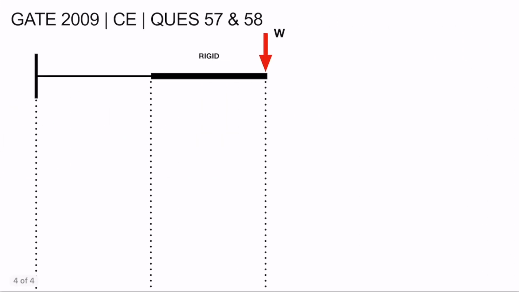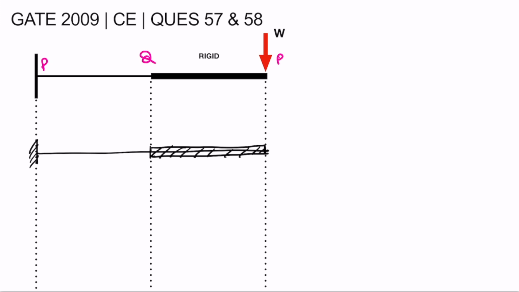So here I'll make this cantilever beam again. So this portion of this cantilever beam is rigid. In order to find the value of delta Q, we need to shift this load W at point Q. So we'll shift this load W at point Q here.